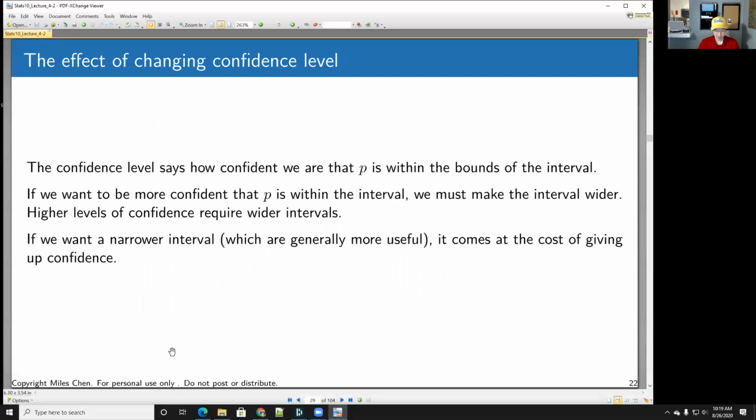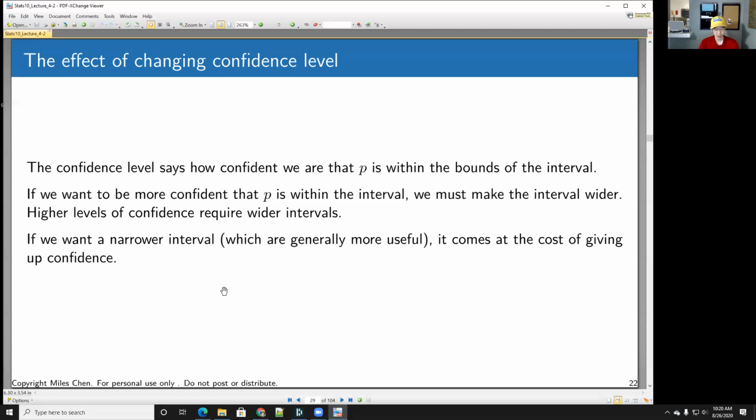All right. The other thing that I mentioned was that if you want to be more confident that the unknown value p is within your interval, if you want a higher level of confidence, you've got to make your interval wider. That's reflected in the choice of the critical value z star. Higher levels of confidence require a larger z star, which makes a wider interval.